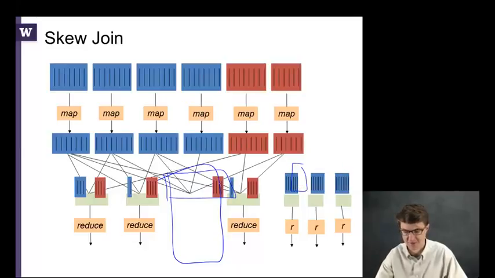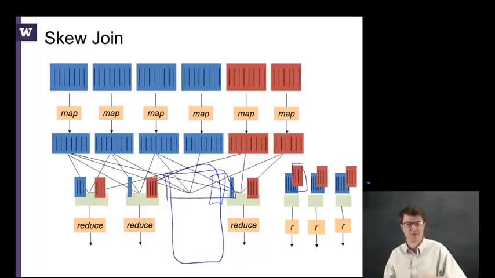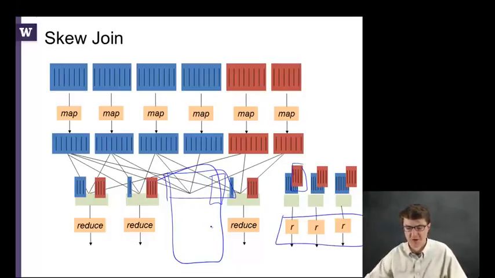I made it disappear from over here, recognizing that it is perhaps small, and replicate it to all 3 of these reducers. So it's a combination of the replicated or broadcast join and the regular reduce side hash join. Now you've got 3 reducers working on this problem as opposed to just one, and things are a little more balanced. This skew join is something that Pig can do if you specify it. It won't do it automatically though.